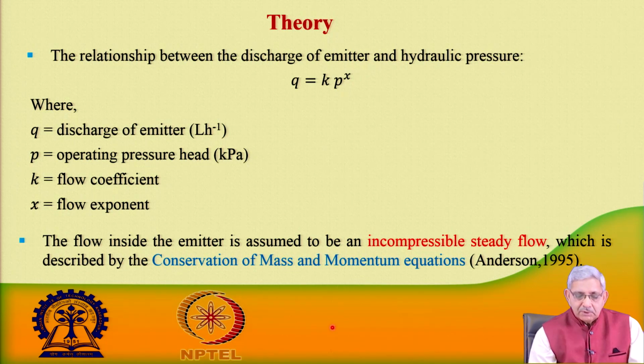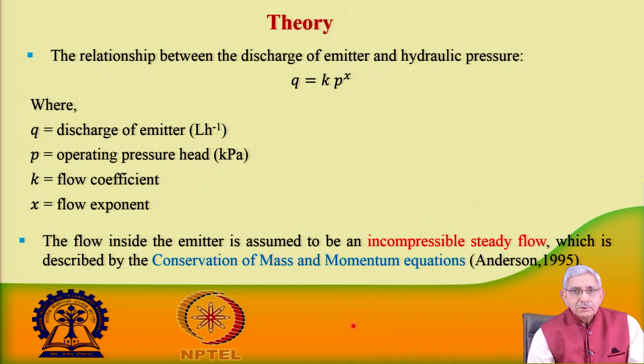The discharge from a drip emitter is given as Q equal to K multiplied by the operating pressure P to the exponent x.